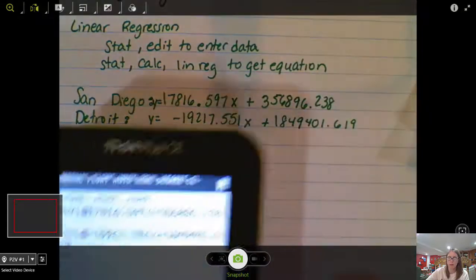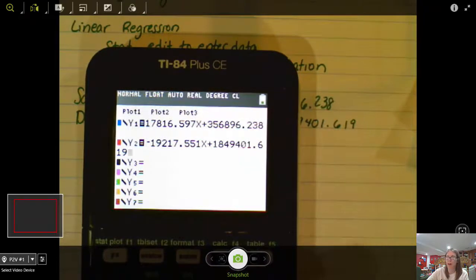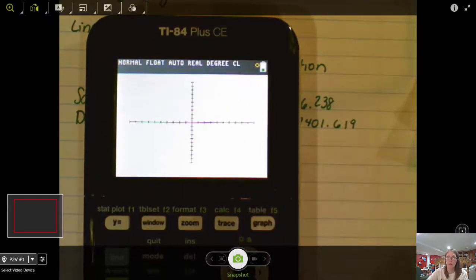Okay. The way I am going to solve this on our calculator is to graph. I'm going to look at a graph. And right now, who knows where these functions are? We have really big y values.